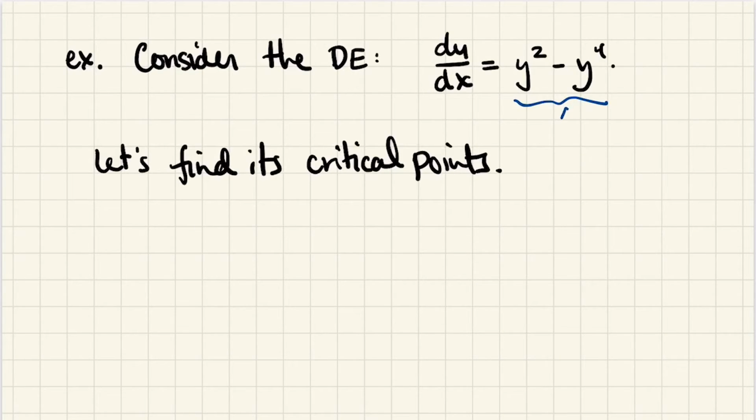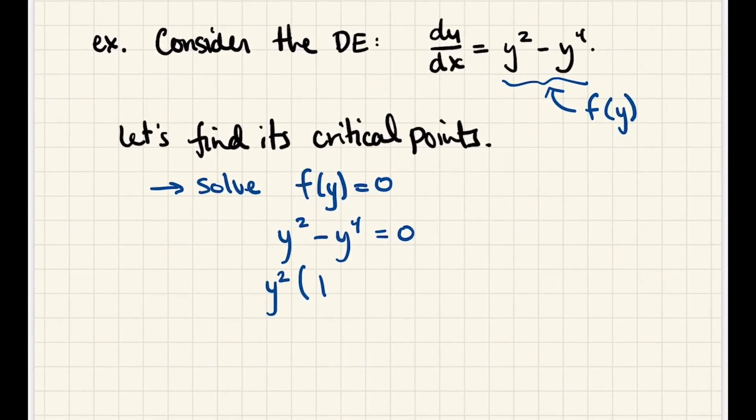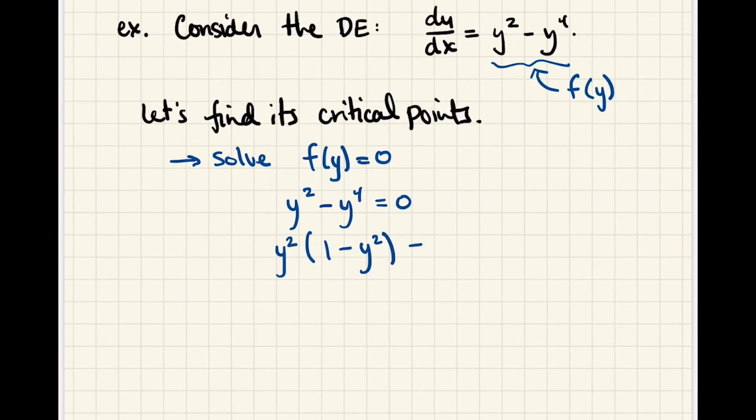Okay, well, this right-hand side in normal form, we're going to call that f(y). So to find the critical points, we're just going to solve f(y) equals 0. In other words, y squared minus y to the 4th equals 0. y squared comes out, leaving us with 1 minus y squared, and oh, that factors even more.